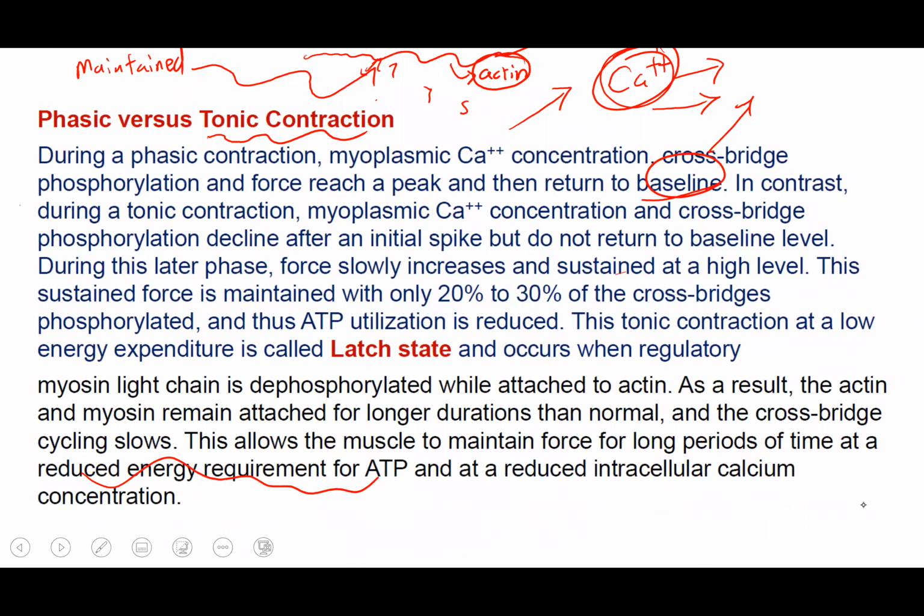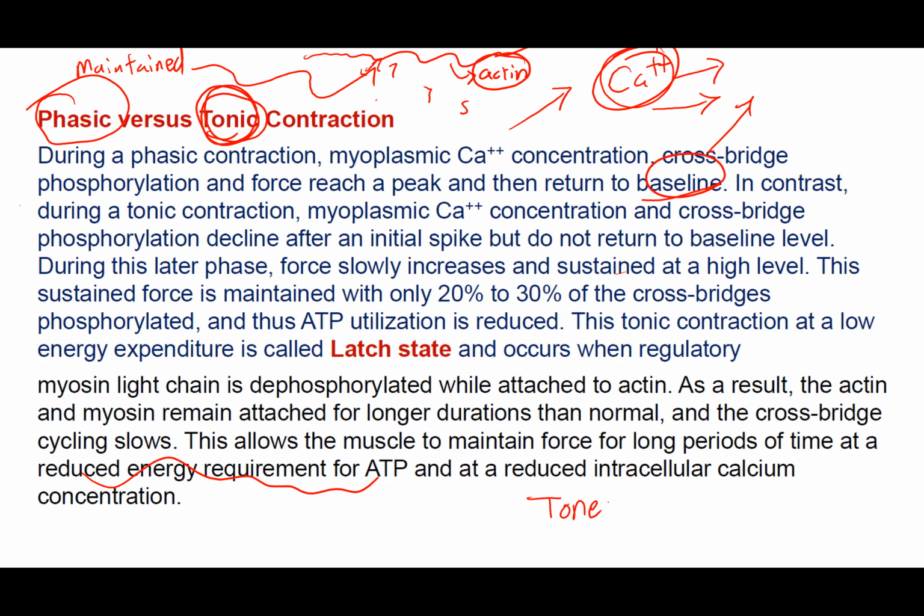But what does tonic mean? Tonic means contracting all the time. So it's always contracting. For example, when you say someone is toned, they're muscular, so the muscle's always showing.